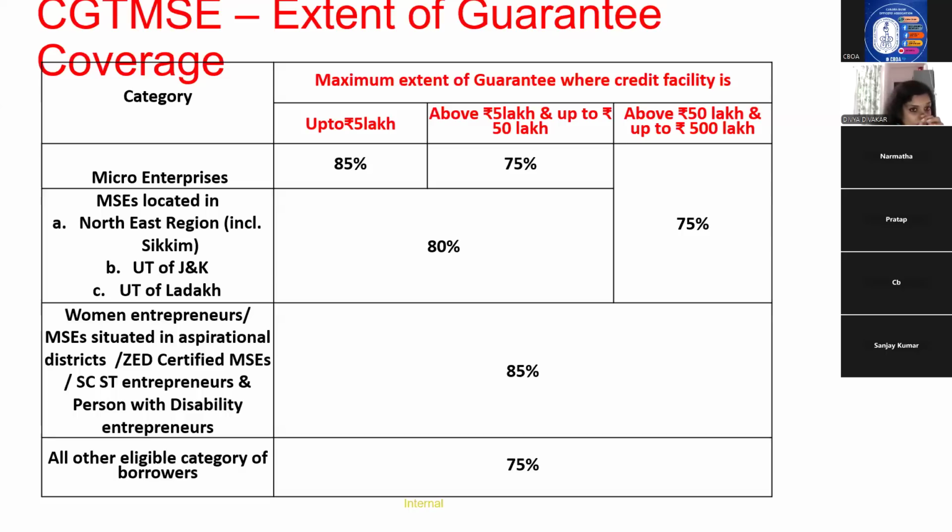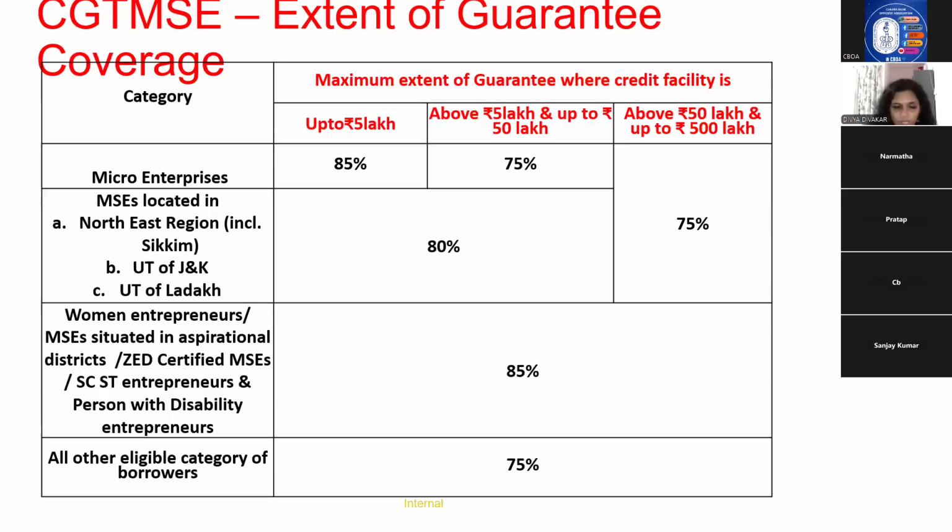These are the people who need more support. So for such entrepreneurs you can remember that 85% applies, and Sector certified MSEs will also be given the maximum extent of guarantee. That is 85%. And one more category is there: micro enterprise up to 5 lakhs. This is 85%. Maximum guarantee coverage offered is 85%.